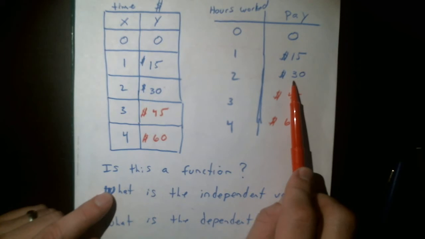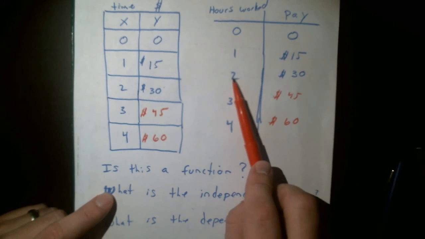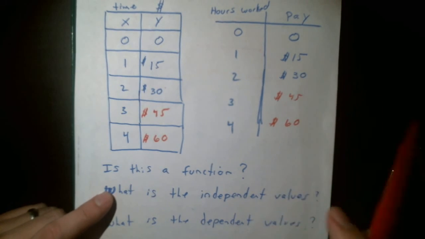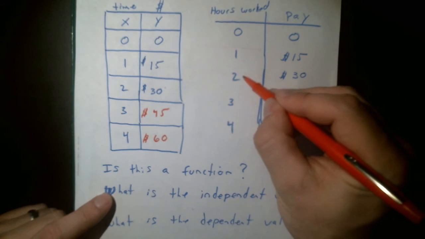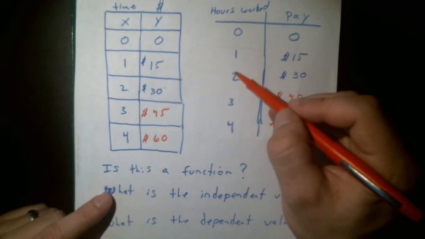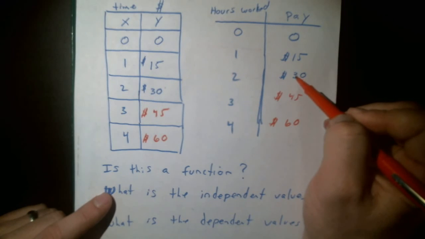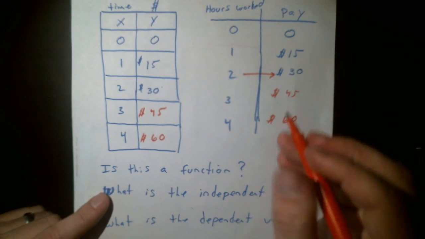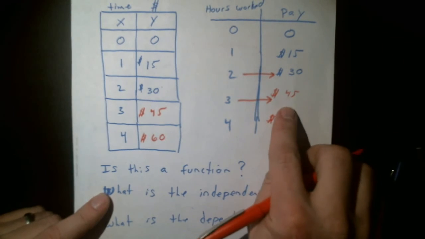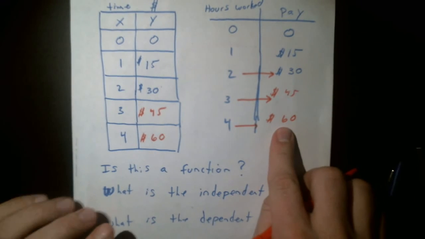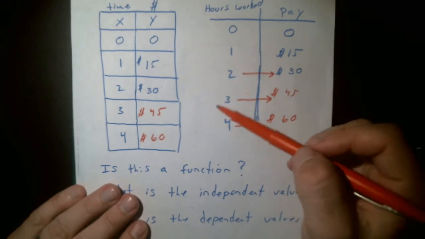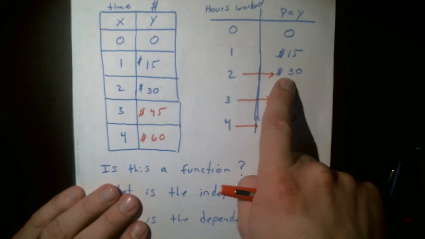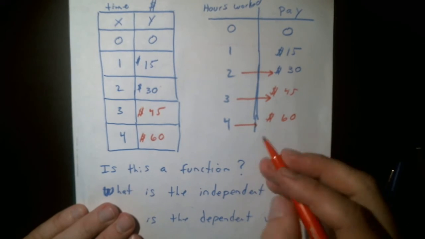Does it make sense that in 2 hours I get 15 and 30? No. In 2 hours, you only get 30. In 3 hours, you get 45. In 4 hours, you get 60. So you're saying that for every input, you get exactly one output. So is this a function? Yes.